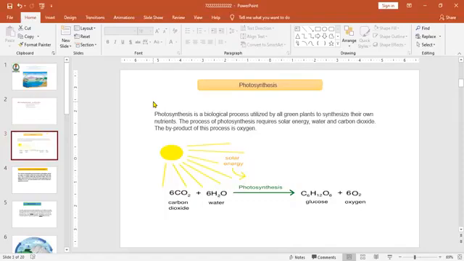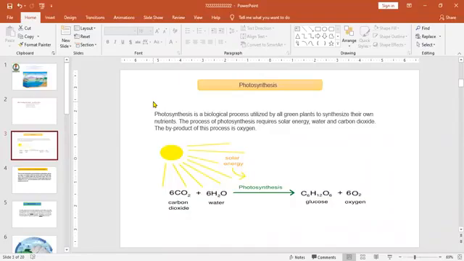Photosynthesis is a biological process utilized by all green plants to synthesize their own nutrients or own food. The process requires solar energy, water, and carbon dioxide, and the byproduct of this process is oxygen. In short, carbon dioxide and water react with each other and produce glucose and oxygen.